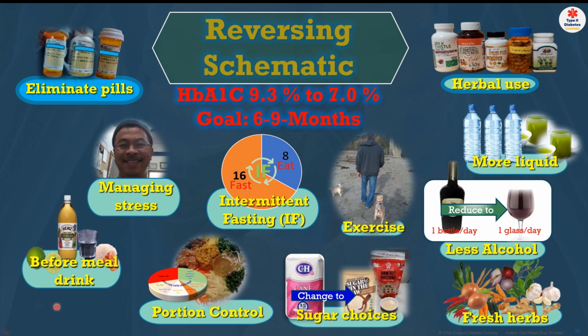And this is the before-meal drink that I created, and it's very, very helpful and successful, because this is going to go into your system, waking up your metabolism, waking up your stomach to secrete the enzyme to break down your food.